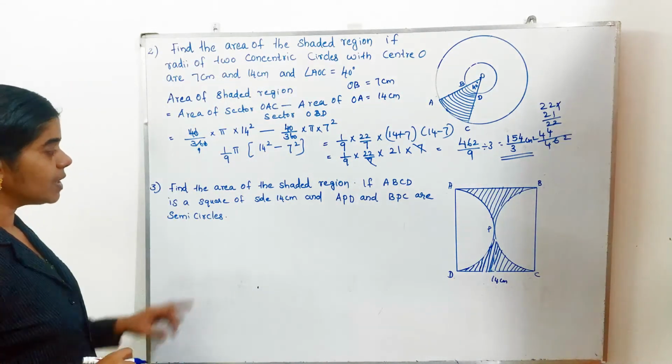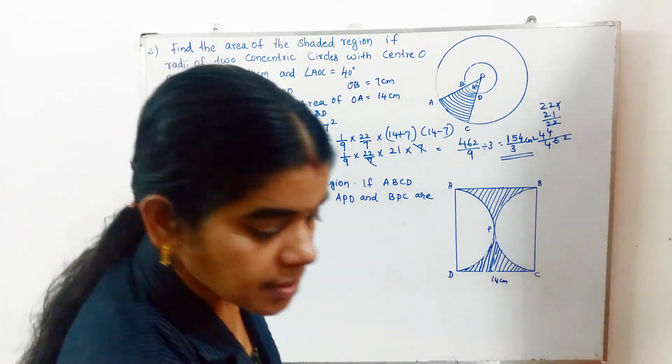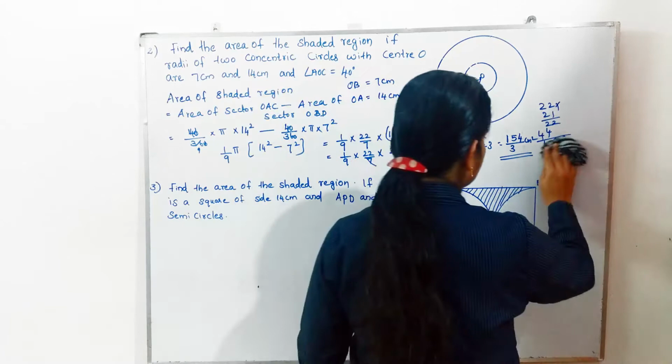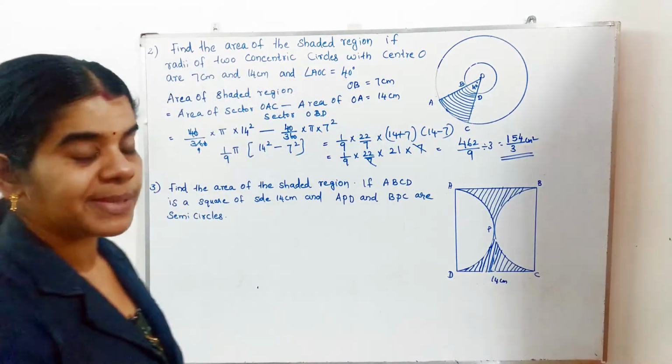Next question we can look. Find the area of the shaded region. 154 divided by 3 centimeter square.